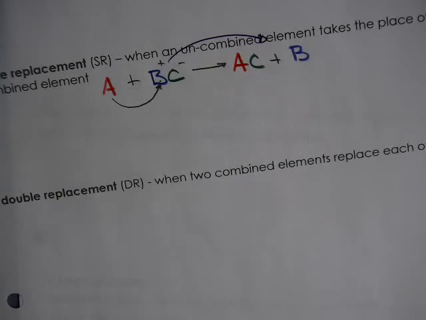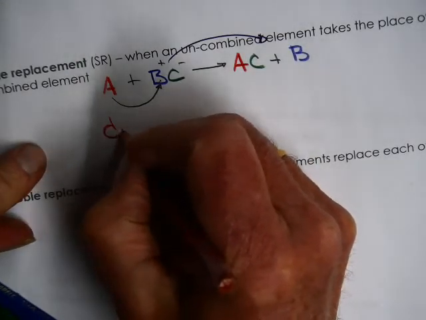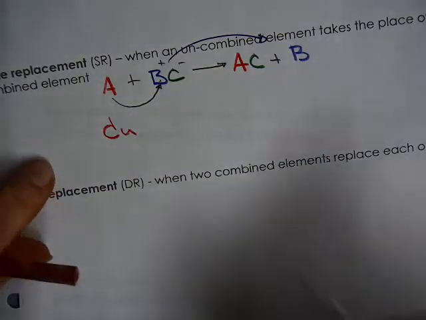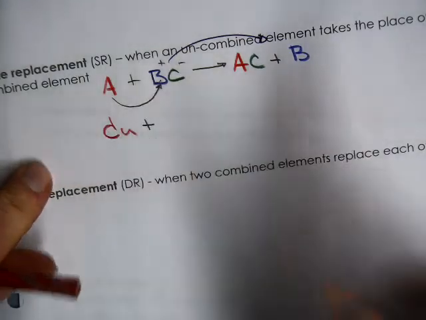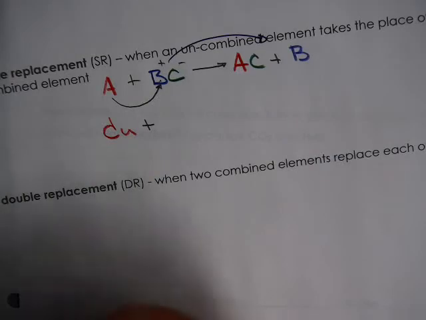Okay, let me think. What can we use? I know. Classic example, a very expensive example, mind you, is if you take copper metal and you immerse a piece of copper in silver nitrate.